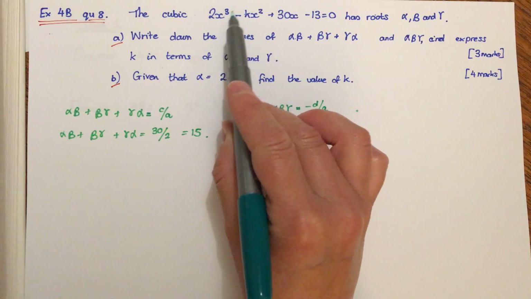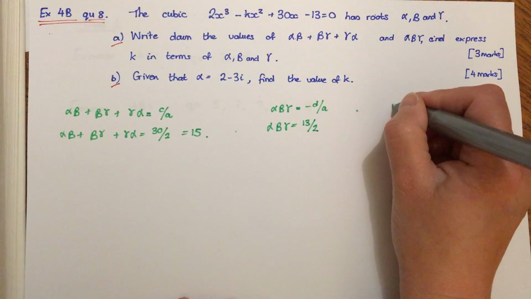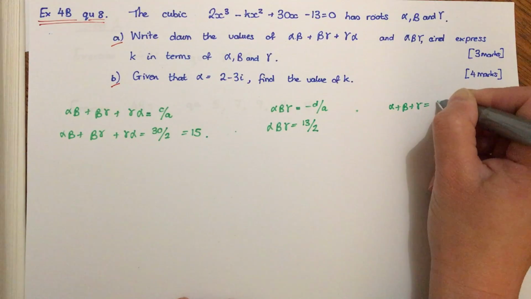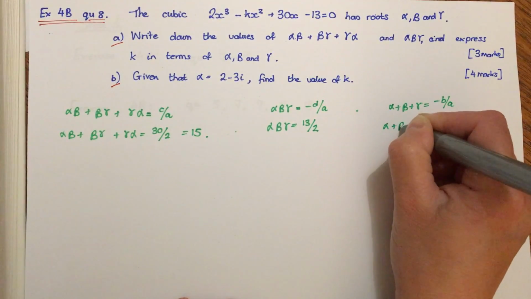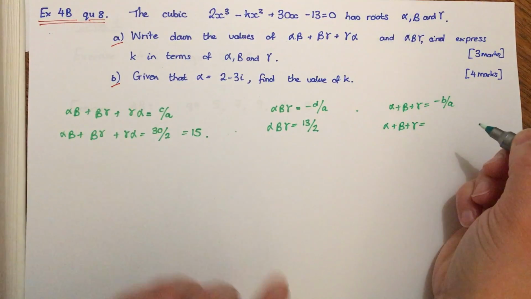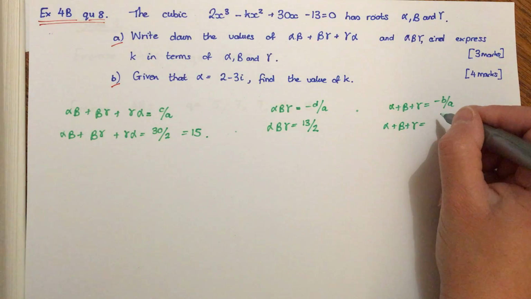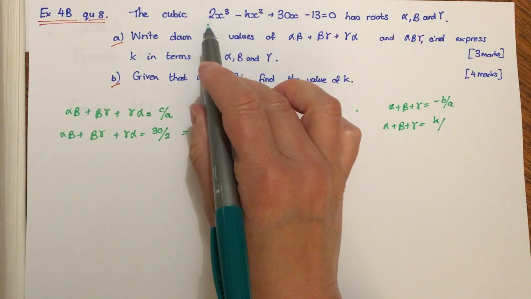So if we look at k, it's the b term, so we're going to be using alpha plus beta plus gamma, which is minus b over a. So alpha plus beta plus gamma is minus b, so minus minus k, so k over a, which is 2.